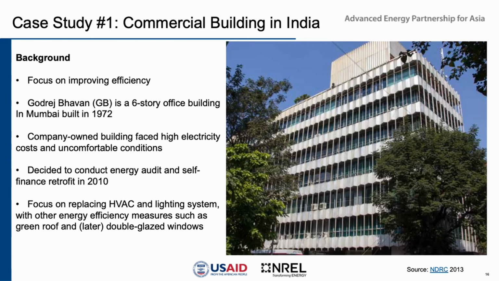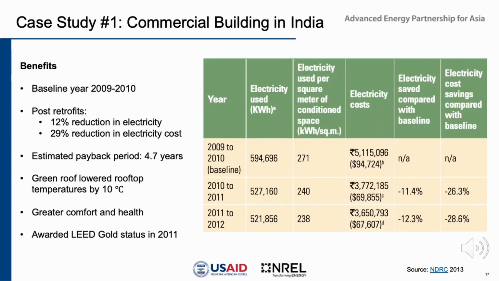Looking at the second slide of this first case study, we can see some of the benefits that were achieved in the investment in HVAC systems and lighting in India. Again, the baseline year against which the impacts were measured is 2009 to 2010.